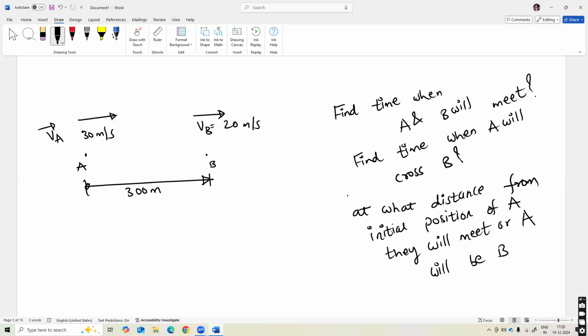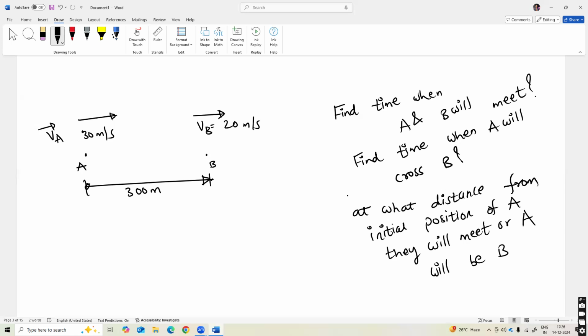So let's see. You know that both of them are moving at some initial velocity, and it is constant. A is moving at 30 meters per second, B is moving at 20 meters per second.